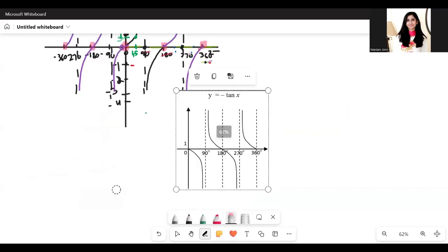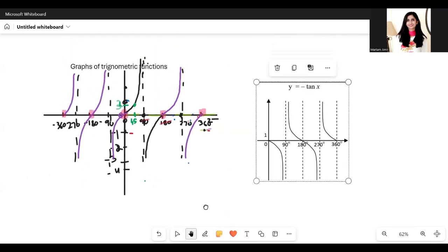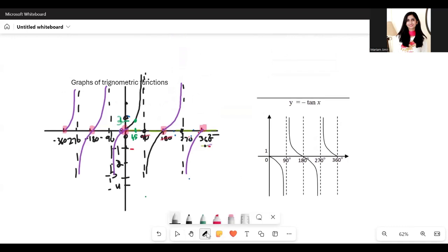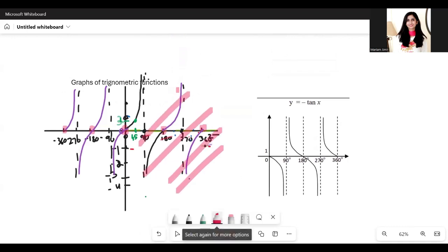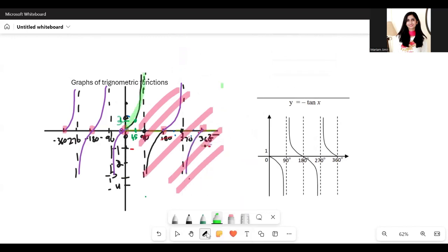So it looks like this. Let's compare the two. So see, they've only shown the right-hand side here. They've only shown this part. So what was going up earlier goes down. What was going down earlier goes up. So every curve gets reflected on the x-axis. Okay. That's minus tan x.